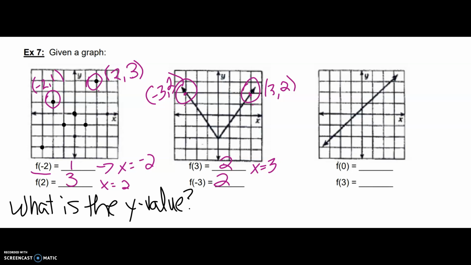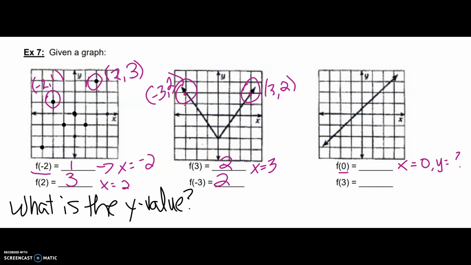So let's look at our last example here. And this is looking at f of 0, first of all. So when x is equal to 0, y is equal to what? That's what we're trying to find out. That's our question when we're looking at these. It's telling us what our x value is. We need to write in what the y value is.